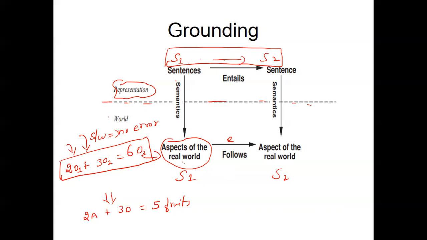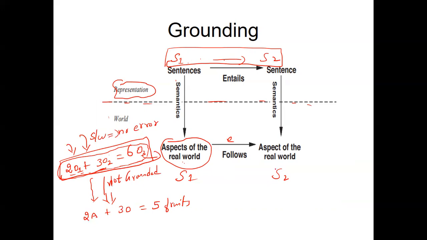Now the agent will behave like this: whenever it encounters 2 objects and 3 objects, it will add it to 6 instead of 5. So in that case, this is not grounded. This is an example of being ungrounded, because how the inference algorithm behaves is not reflecting the behavior of the real world. So this is what exactly grounding is.